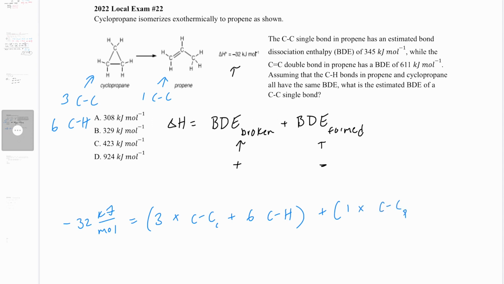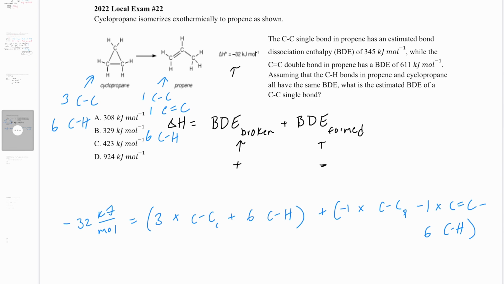But remember, since this is being formed, let's just put a negative to negate everything. Another thing here is a carbon-carbon double bond. So -1 times our carbon-carbon double bond. And you also have 6 carbon-hydrogen bonds here. So -6 carbon-hydrogen.